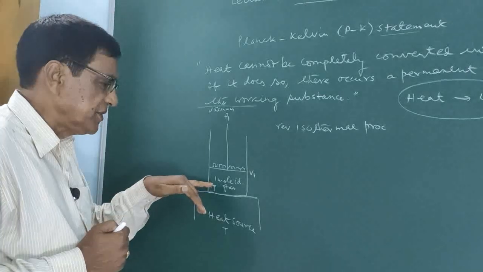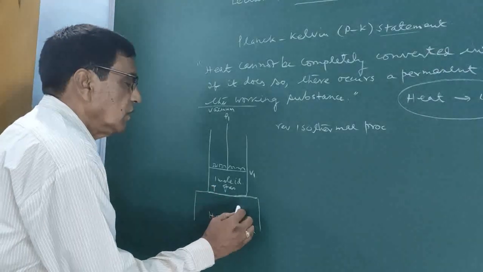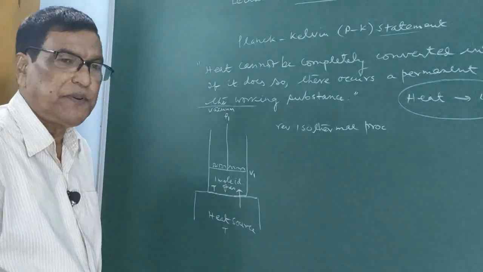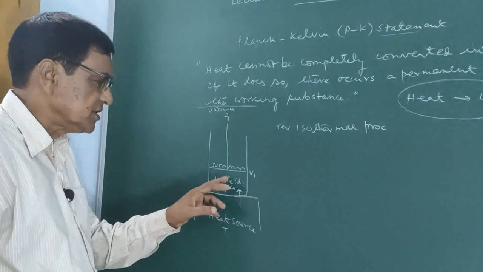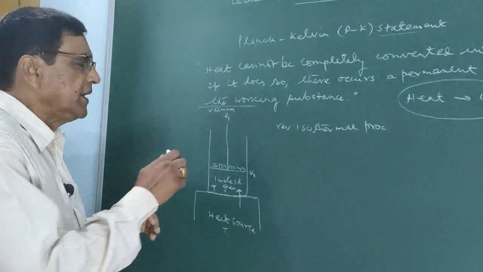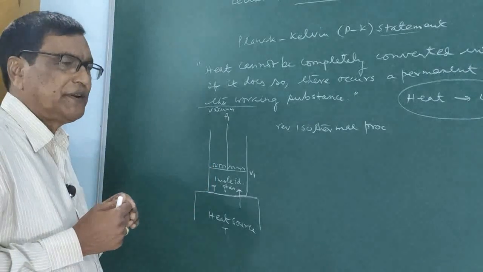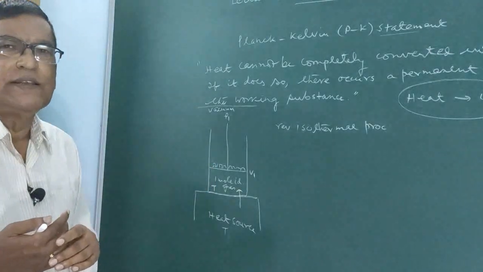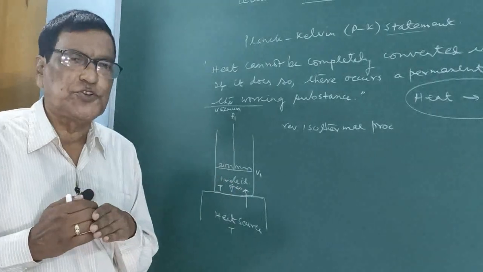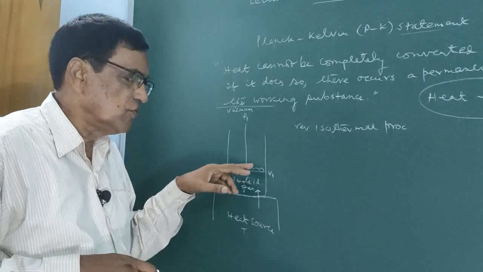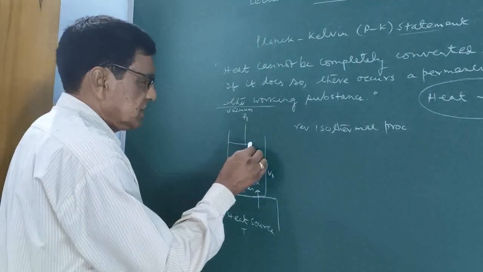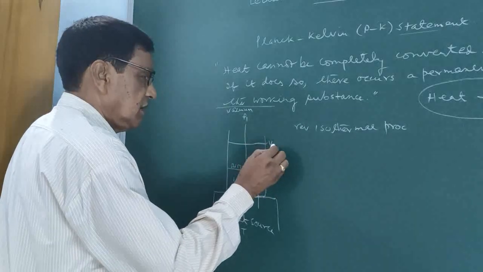To maintain the temperature T, heat will move from this source, which may be called the reservoir, to this 1 mole ideal gas to keep the temperature fixed. Then again, by installments, if we withdraw the loads from this piston, the piston will move upwards, and there will be expansion. Suppose this is the final expansion, V2.